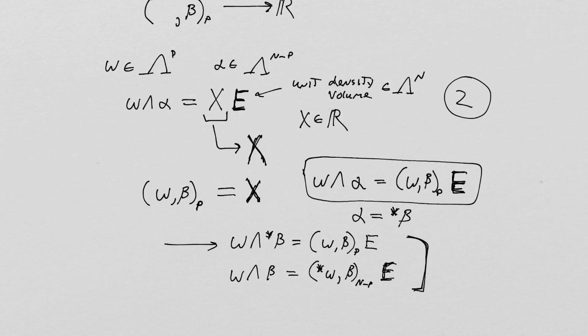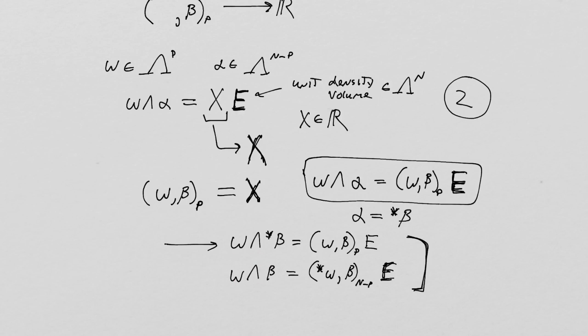Likewise, I can think of it this way. For every omega, there is a Hodge dual of omega, such that if I take the wedge product of omega with an element in the complementary space, I end up with the inner product of the Hodge dual of omega with beta in the complementary space, times the volume form. That's going to be equal.